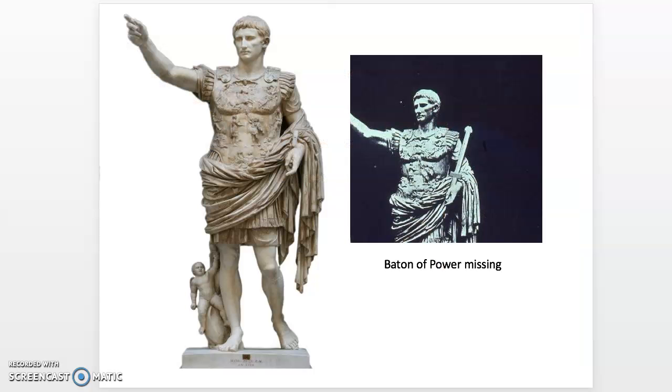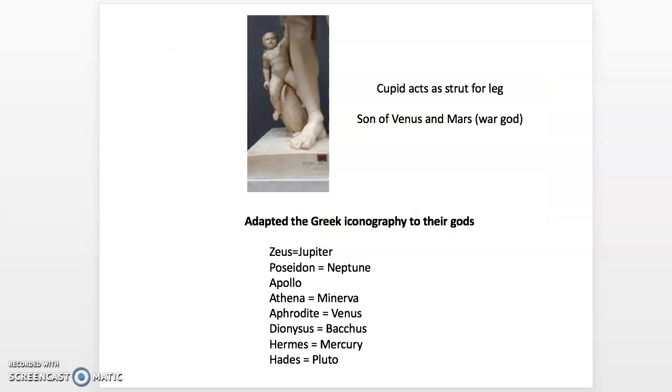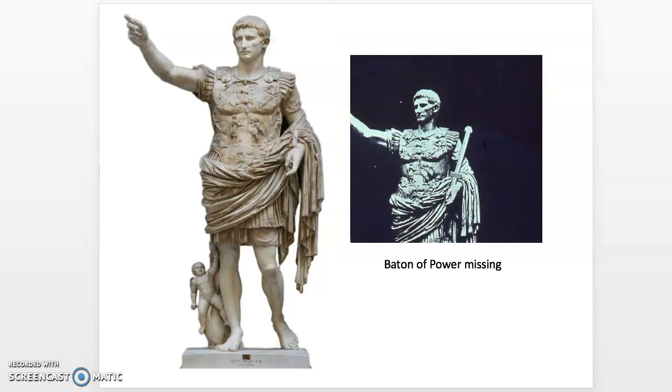We're going to look in detail at some of the things on the actual figure of Augustus. So this is made out of marble. It's in the round, so all the way around it you would be able to see. It's in a contrapposto pose, his hips being at an angle are covered over a bit by his robe.